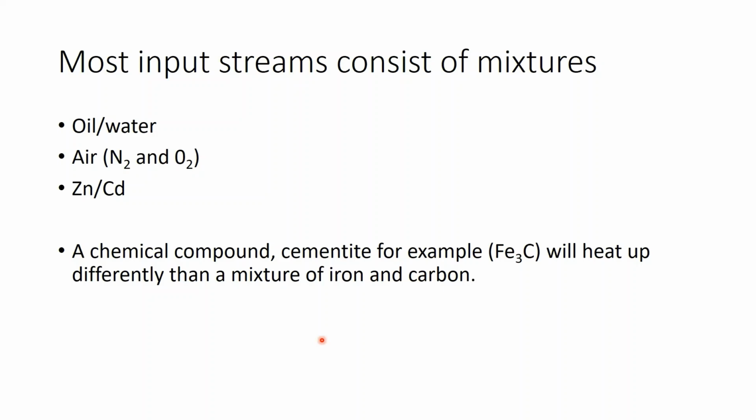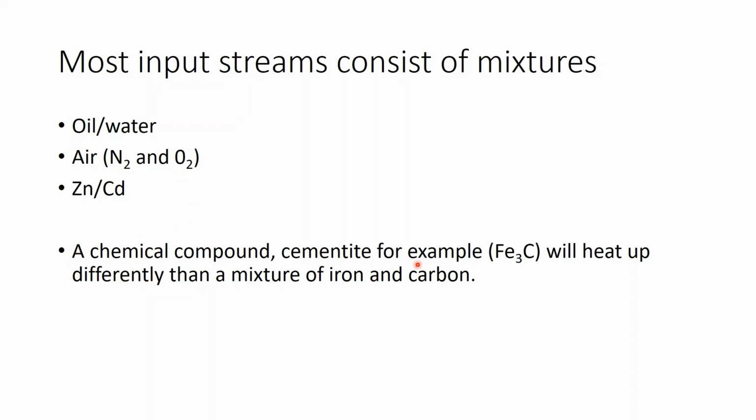All right, so we performed an energy balance by heating up some steel, and we assumed it was just iron. One thing I need to point out is that most input streams consist of mixtures. We've seen oil and water, we've seen air, N2 and O2, we've seen our old friend zinc and cadmium, which we can separate with a distillation process.